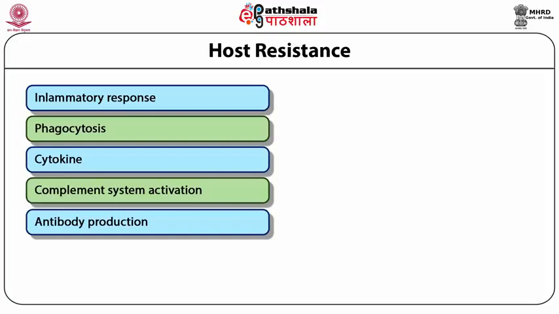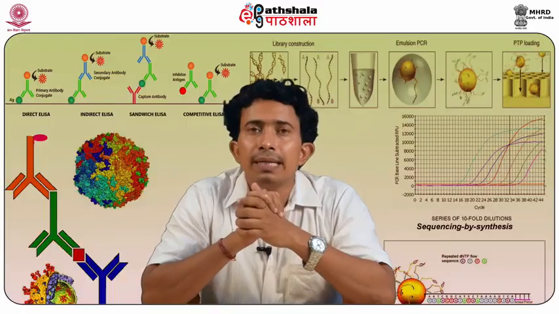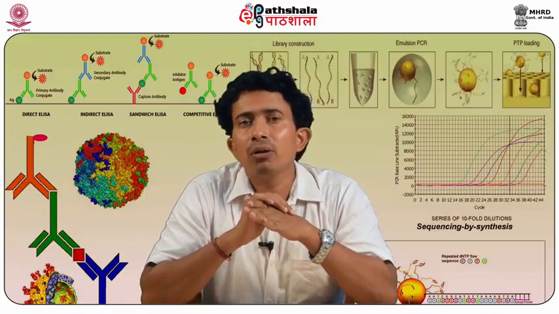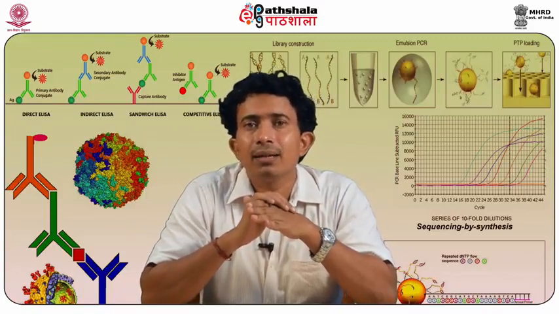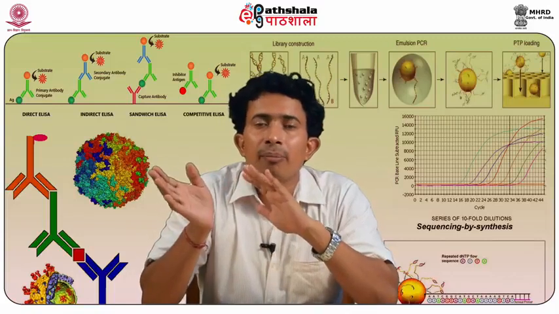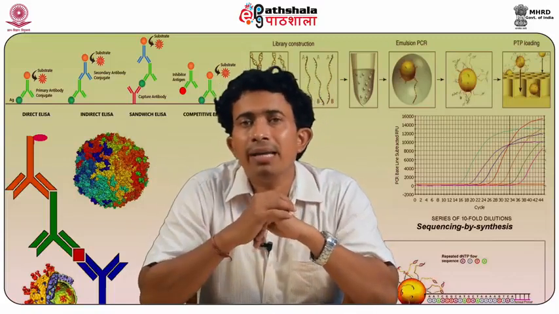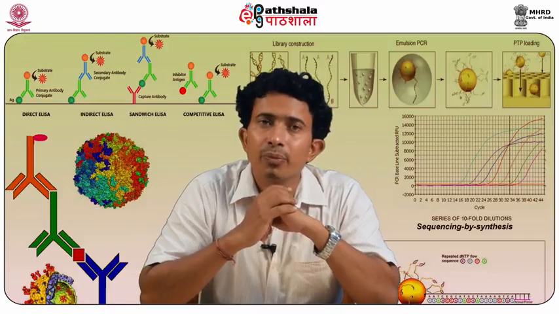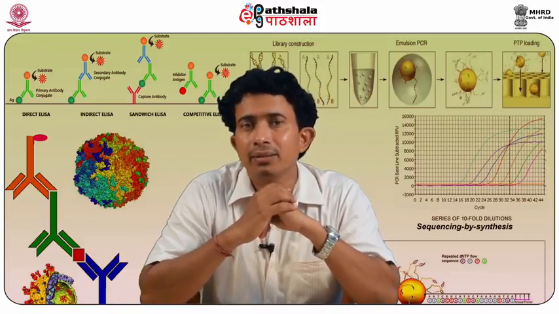All these factors determine the outcome of host pathogen interaction, and whether the host is able to prevent the pathogen from entering the body, or whether the pathogen is able to win over the host and cause disease. So we can summarize the module: microbes infect many organisms, many animals, many human beings, but only few get the disease.